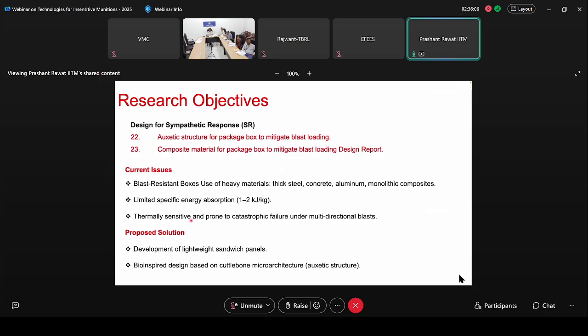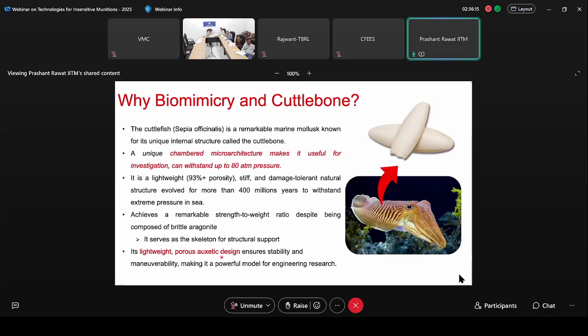So what solution are we proposing here? We are proposing a lightweight sandwich panel and auxetic structure which is a bio-inspired design, and that bio-inspired design is absolutely novel in terms of studies. Here we are going to take inspiration from the cuttlebone.